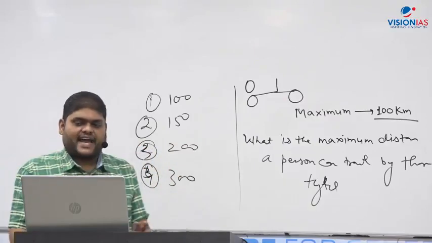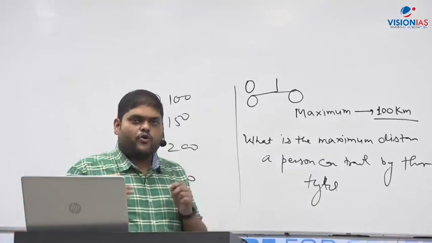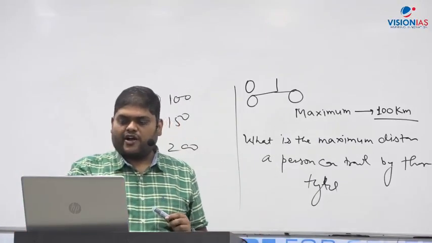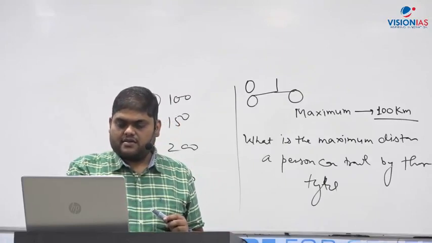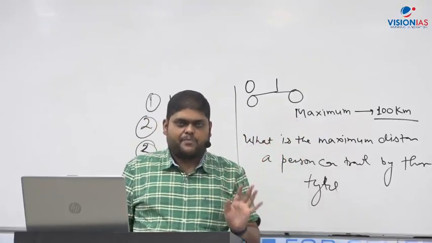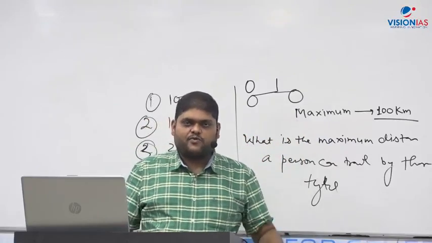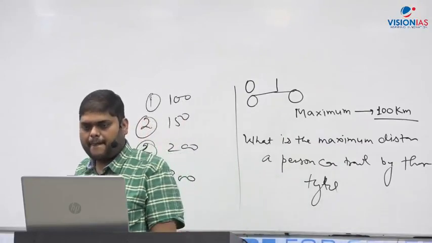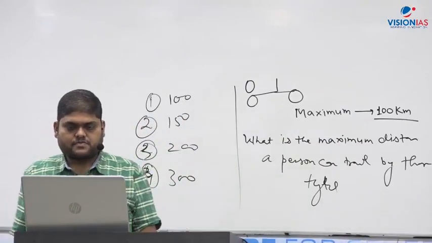And you cannot go on just 1 tire; you have to go on 2 tires. Are you getting my point or not? You are saying, sir, by 1 tire I am going 100, another tire 100. That's not possible.